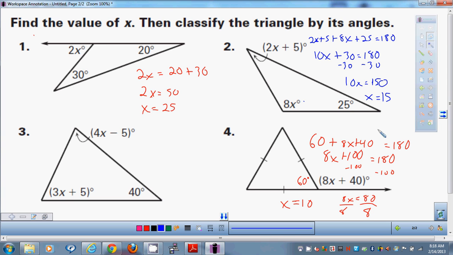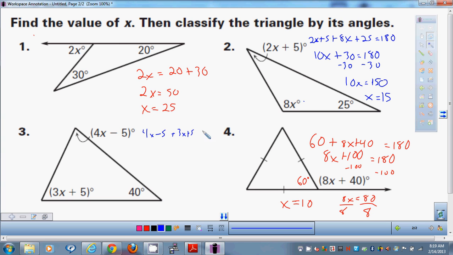Questions about numbers 1, 2, and 4 before we do 3? No. Very good. Okay. Starla, how are we going to solve number 3? Excellent. Add all of them and set them equal to 180.